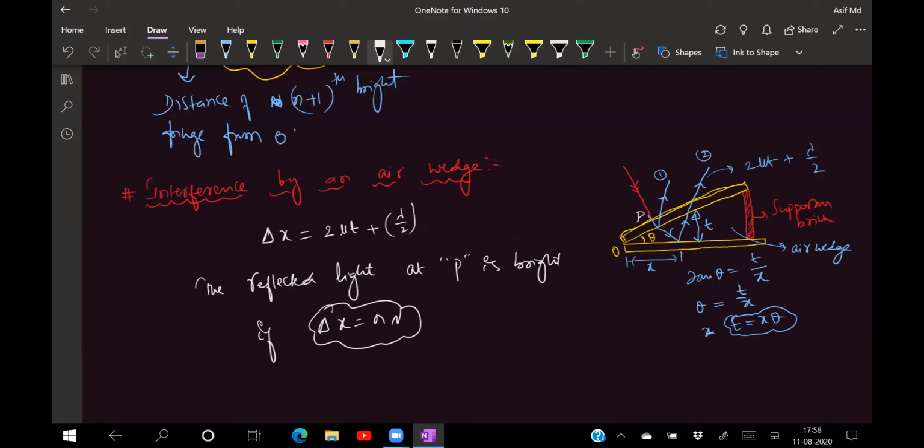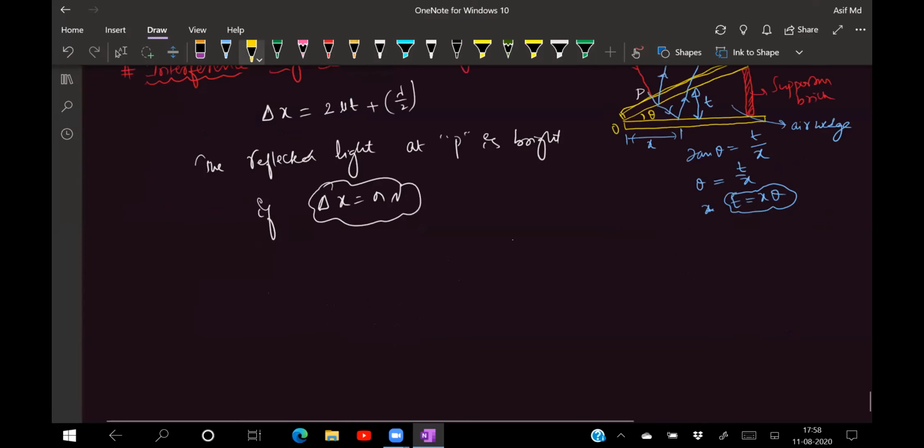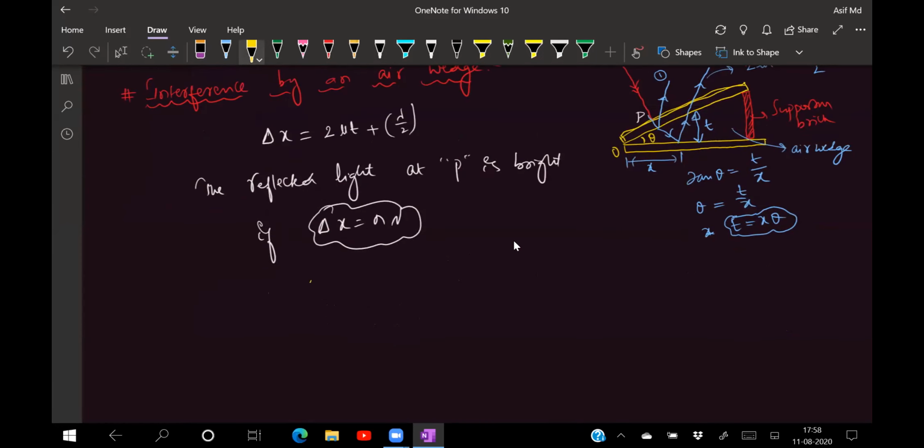Delta x is already known: 2 mu t plus lambda by 2 equals n lambda. So from this I can get the value of t. t is equal to (2n minus 1) lambda divided by 4 mu.